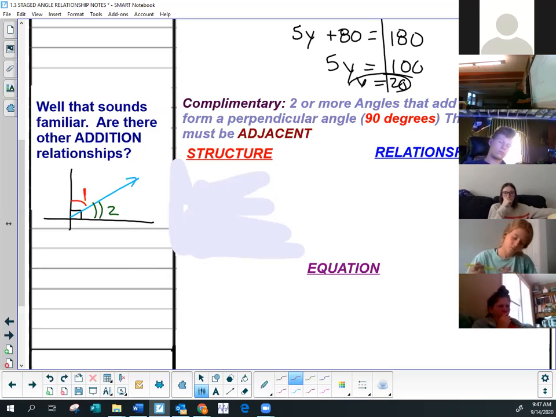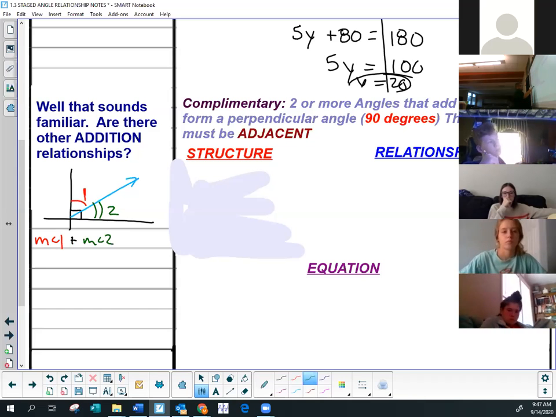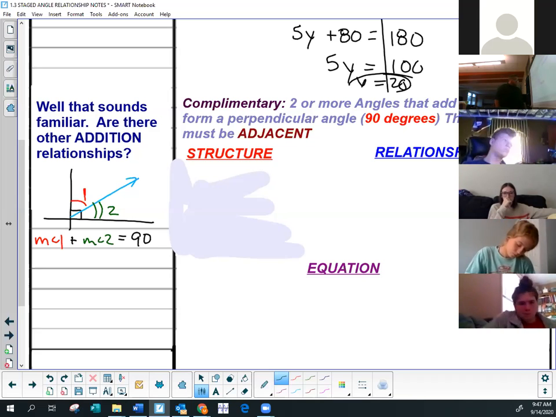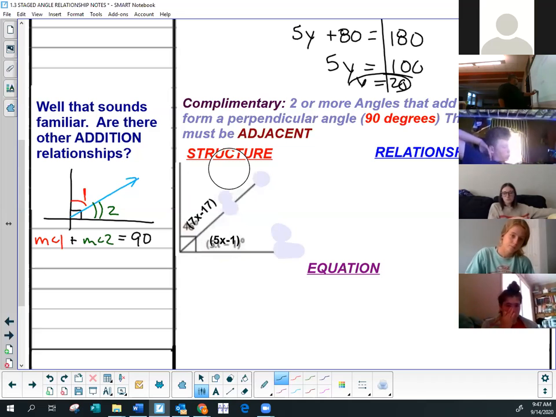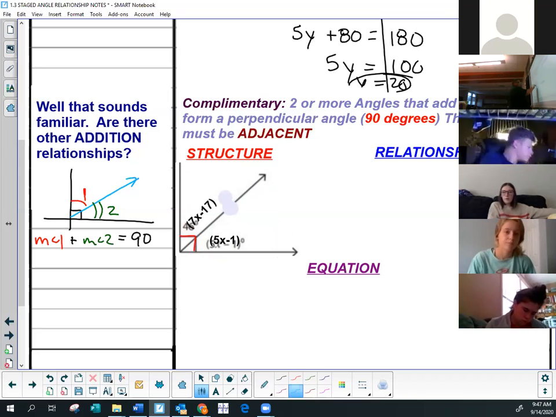Well, it's not a stretch to realize that if we take the measurement of angle 1, add that to the measurement of angle 2, that should equal a total as well, but in this case, it's 90 degrees. Now, again, what you're looking for here is this 90-degree intersection and some kind of divider, not necessarily cutting in half.